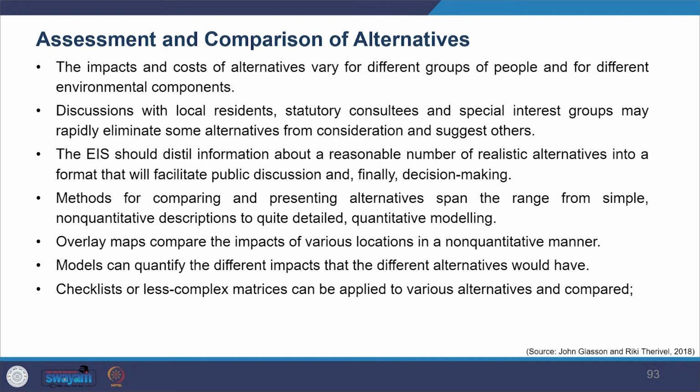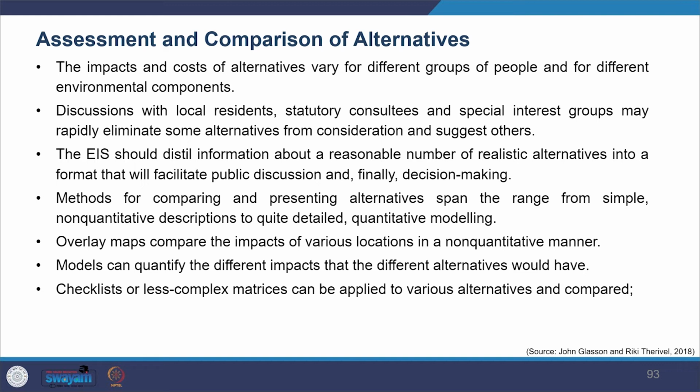So there are methods for reviewing and comparing your alternatives. Those include methods for comparing and presenting alternatives. They can be non-quantitative, descriptive in nature. Then you can have quantitative modeling, so you can have numbers for all the alternatives and you can quantitatively explain which one is better.